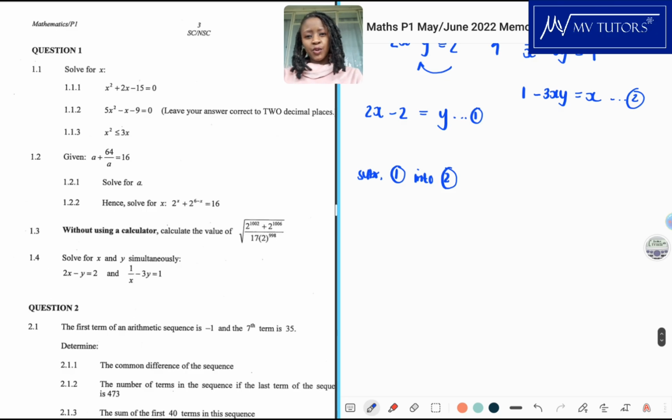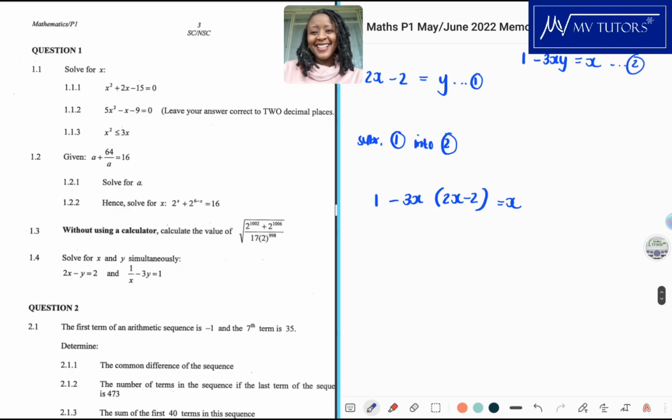Alright. So, I'm substituting y into the second equation, or I'm substituting my first equation into my second equation. So I have 1 minus 3x, and in the place of y, I would put 2x minus 2. Okay, and all of that is equal to x. Alright, so I'm going to just take the x to the left.